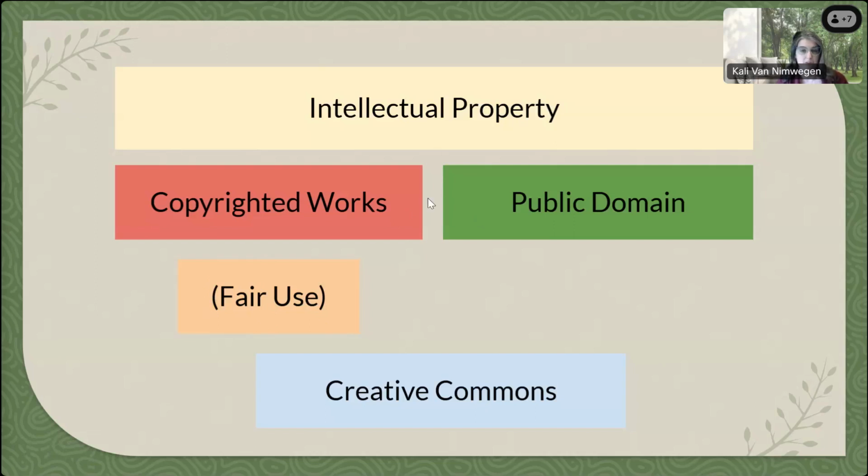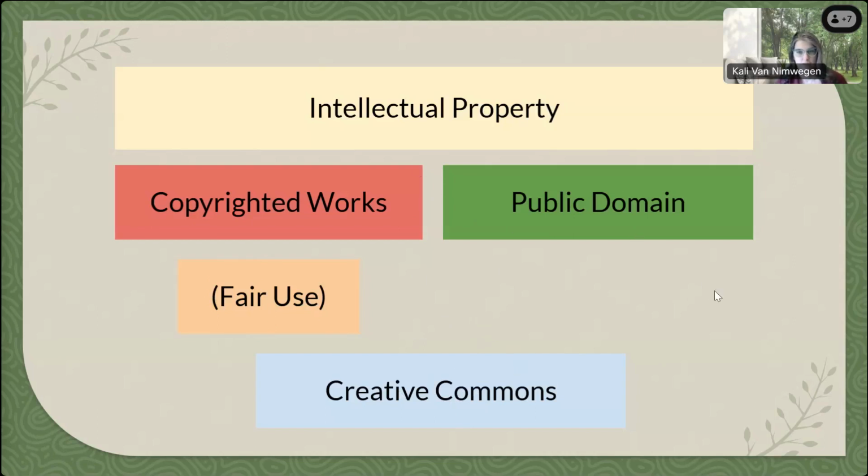In the middle, and the space that we'll spend the most time in this presentation, is the Creative Commons, which are a set of legal licenses that allow a creator to retain copyright while still giving some access and rights for people to use less restrictively than they might for a fully copyrighted work.